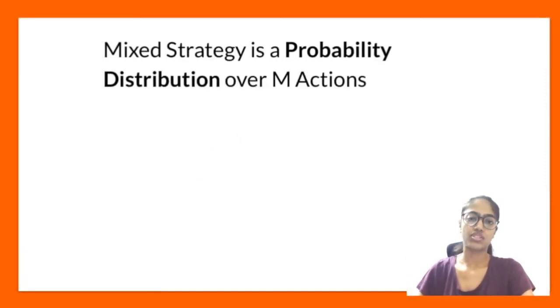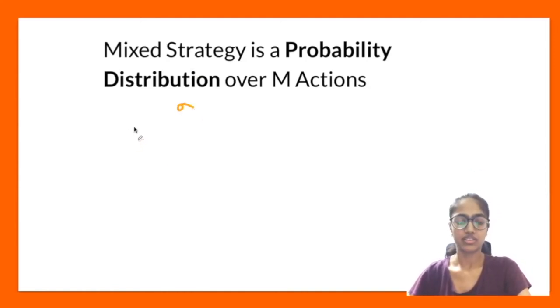Now, a mixed strategy is a probability distribution over these m actions. It explains the probability associated with each action. We denote this by sigma.